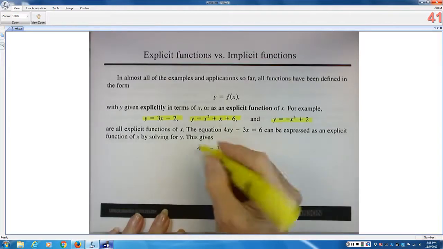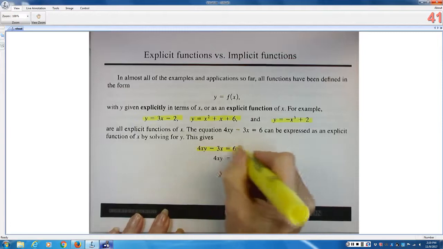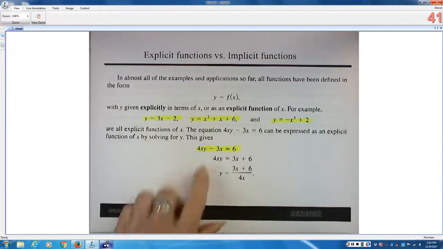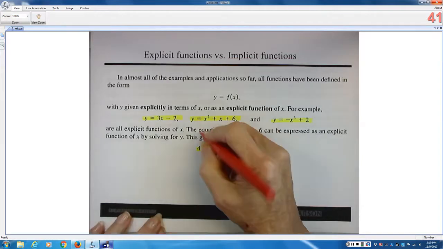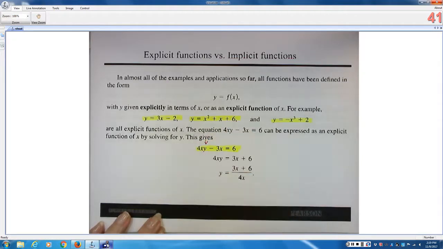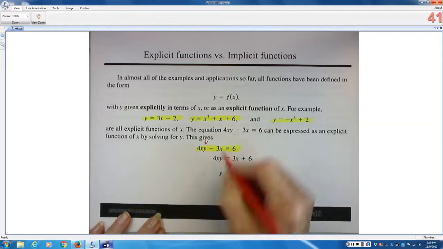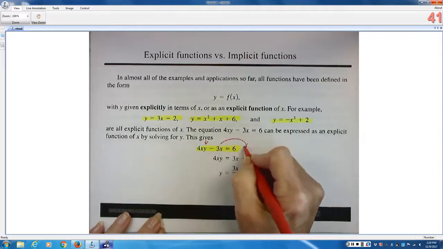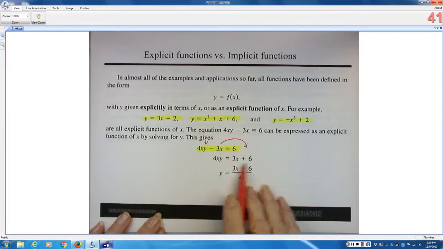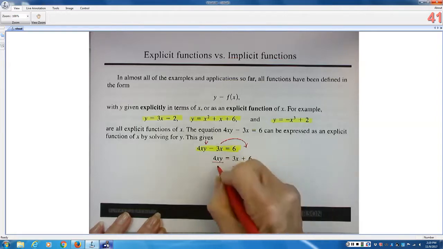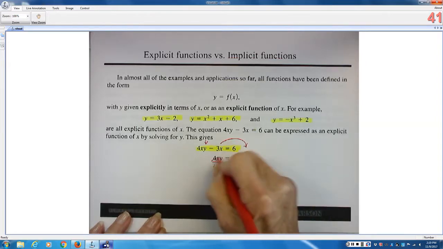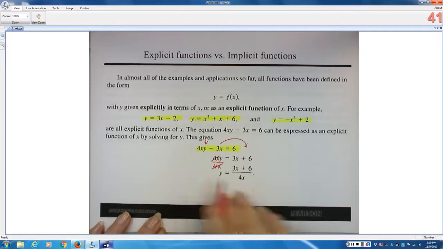This is still an explicit function, even though it looks like everything's all mixed up. It's still an explicit function because we can solve that equation for y by moving the -3 over to the other side with 6 and have 3x plus 6, and then divide both sides by the 4x and have y by itself.